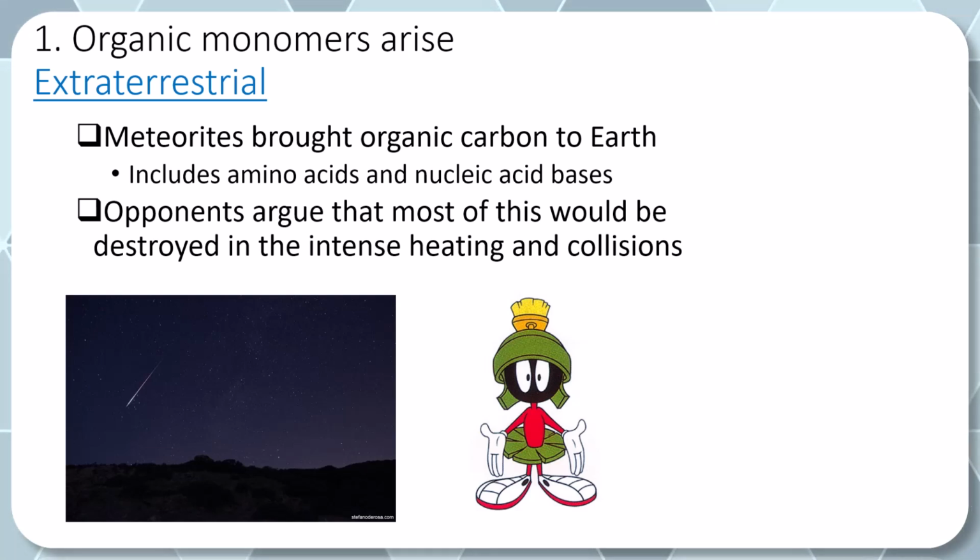Opponents to this would argue that most of these molecules would be destroyed in the intense heating and collisions. And another problem I personally have with this hypothesis is that it still doesn't explain where those monomers came from. So perhaps an unsatisfying explanation for organic monomers arising is the extraterrestrial hypothesis.